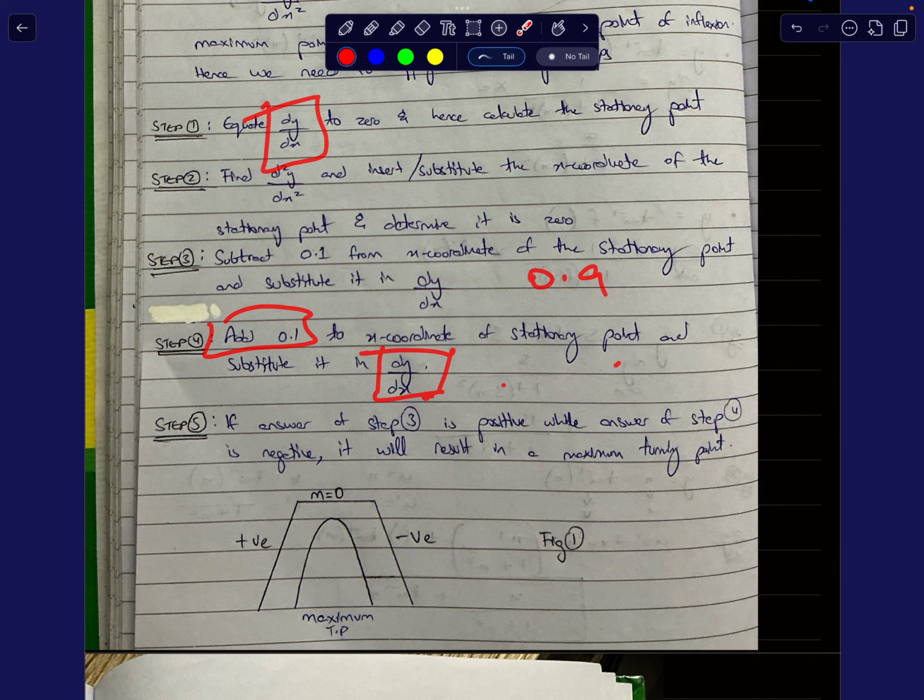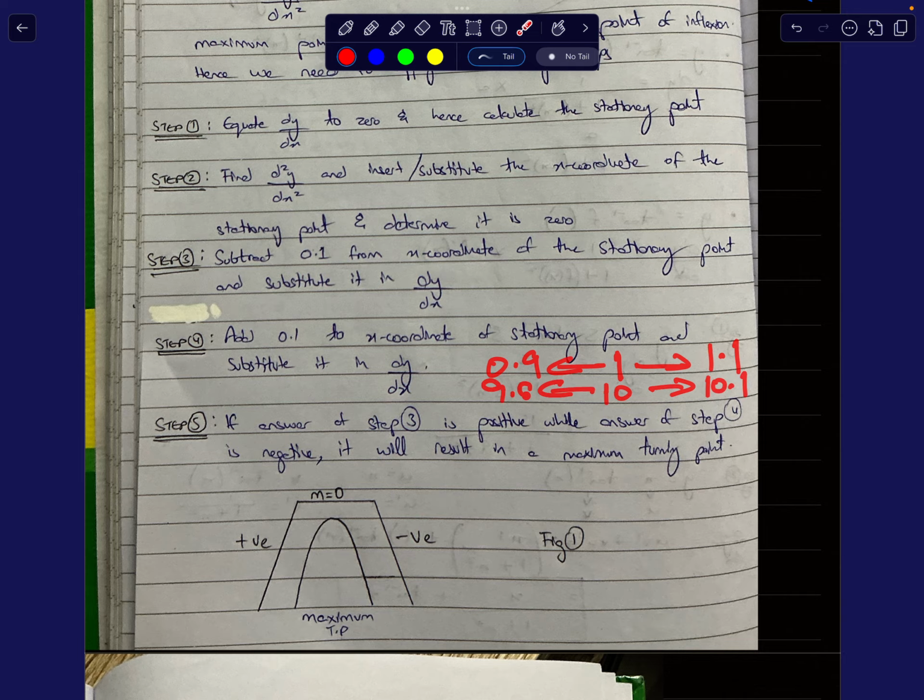That is our differential. Again, this is just an example that if the stationary point x coordinate is 1, you are going to check at 2 points, that is 0.9 and 1.1. Similarly, if it's, let's say, 10, you are going to check at 10.1 and 9.9. That is immediately after and before the stationary point's x coordinate.